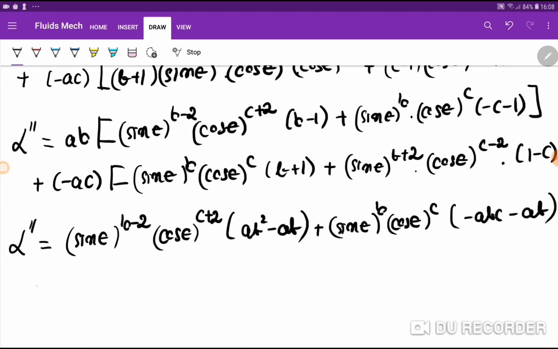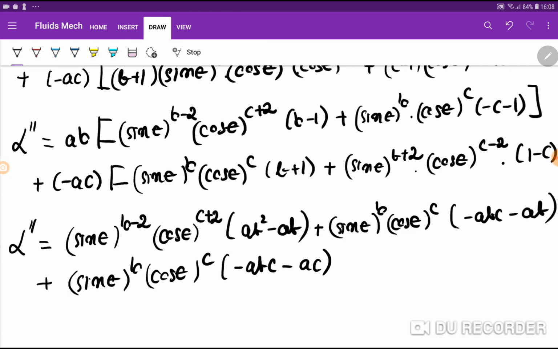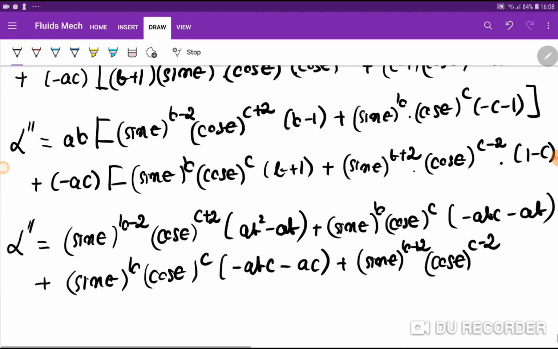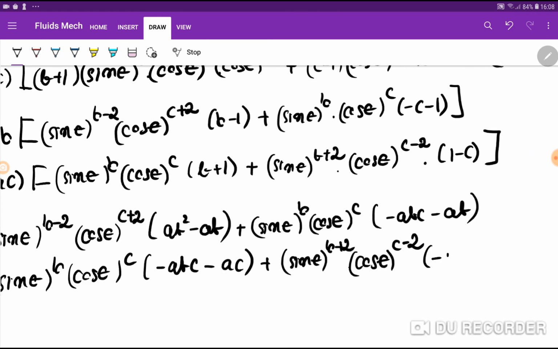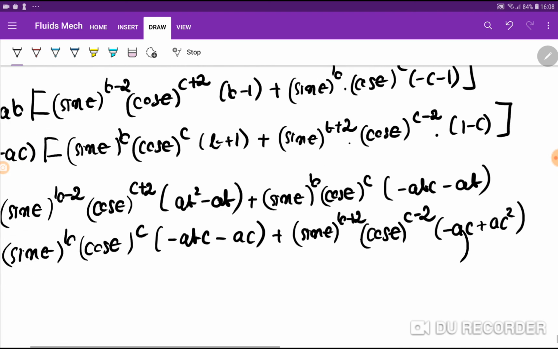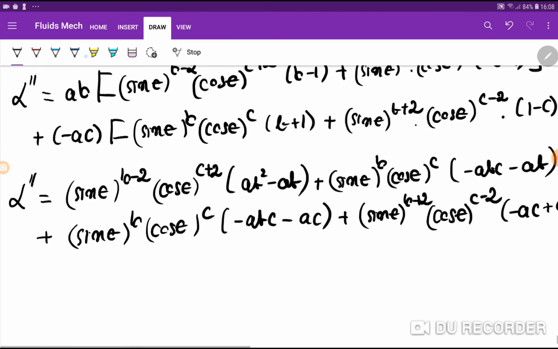And then plus sine theta to the power of b times cos theta to the power of c times negative abc minus AC, plus sine theta to the power of b plus 2 times cos theta to the power of c minus 2 times negative AC times 1, which is negative AC, times c is plus AC squared. Ladies and gentlemen, this is our alpha prime.